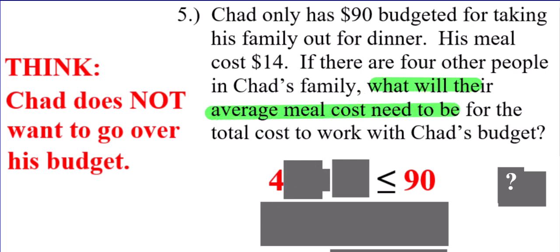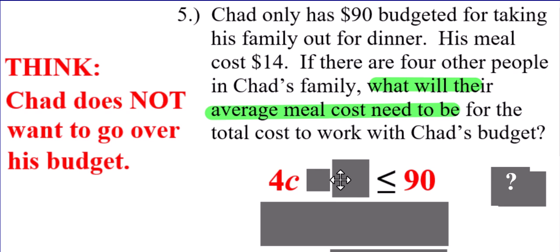I don't really care which letter you pick here. You could pick A for average meal cost. You could pick M. You could pick C, which is what I did because I thought the overall thought here is the cost for the other four family members' average meals. So I chose C. You can pick whichever letter you want there. A, M, or C would be fine.